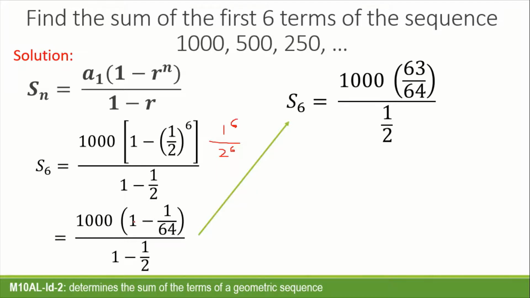So, dito siya sa 1 minus 1 over 64. So, paano siya naging 63 over 64? Itong 1, in-express natin into fraction na 64 over 64. Bakit 64? Pwede namang ibang number.